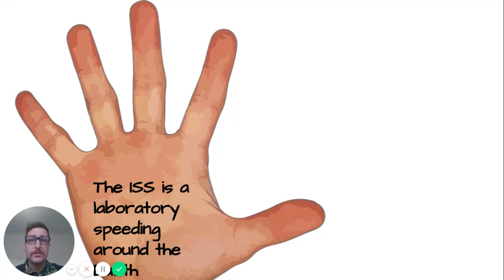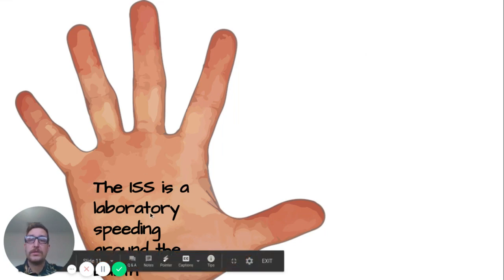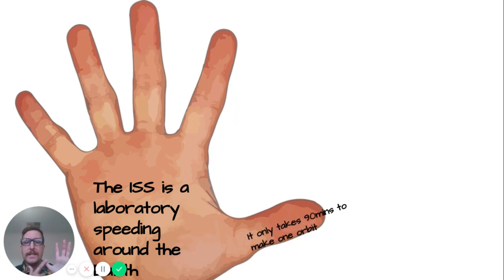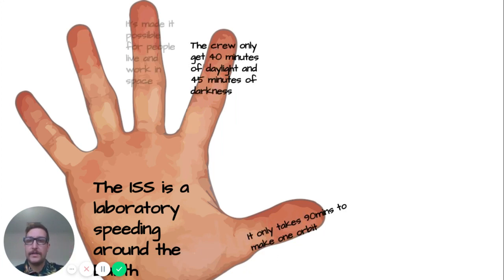It is not just the topic, it is what the author wants us to know about the topic. You can see my topic here is the ISS, and here is what the author wants me to know about the ISS. Then we had to go around our fingers and try to find as many supporting details as we can. And here are the ones that I was able to find.